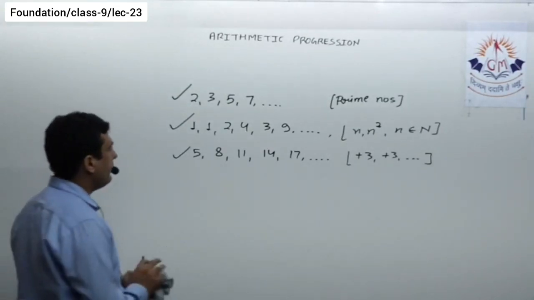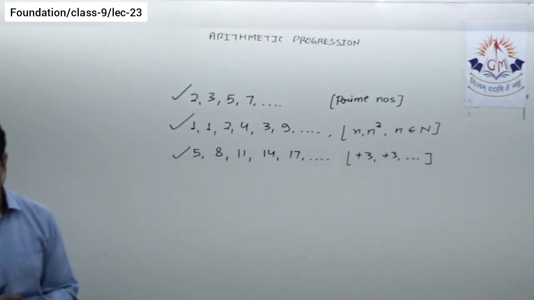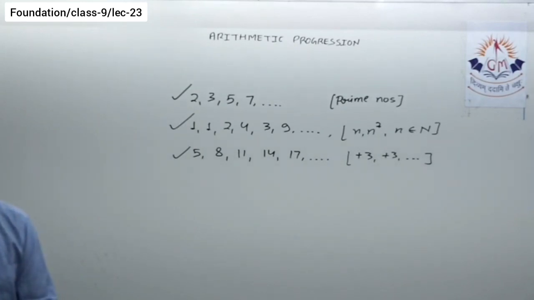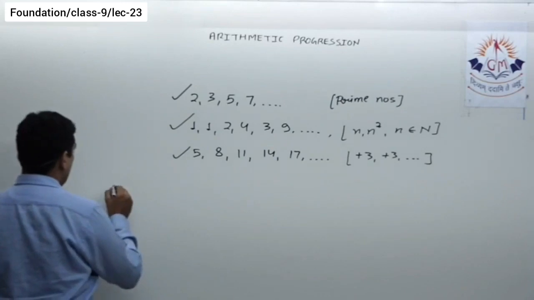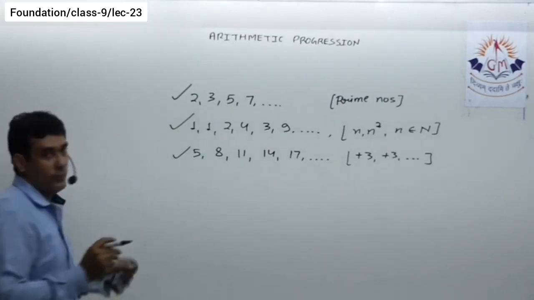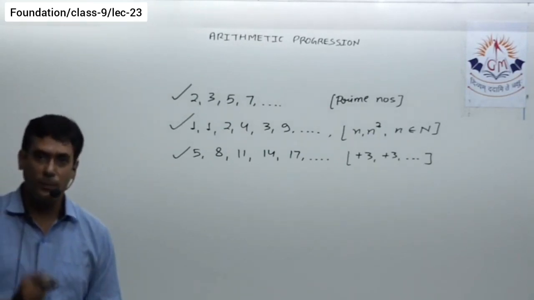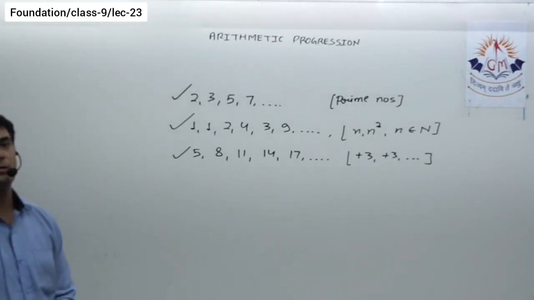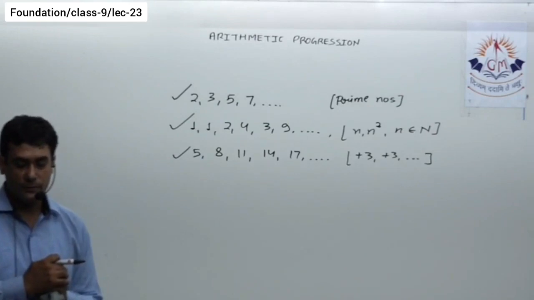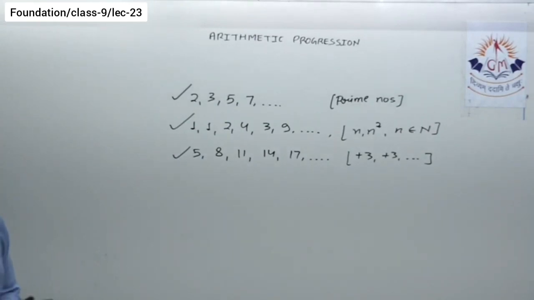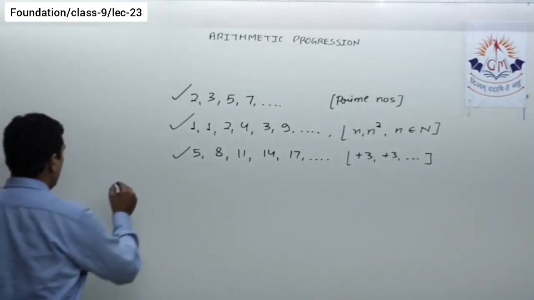So that is the very first definition of the progression. So what is a sequence? First of all we'll see the definition of sequence, then the definition of progression, and then the definition of arithmetic progression.